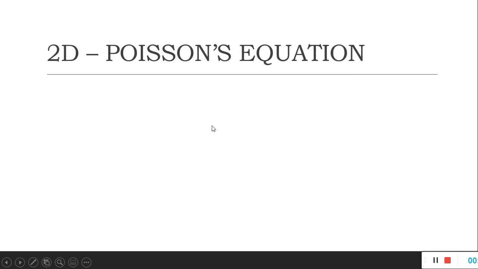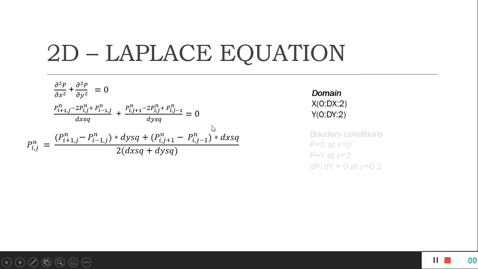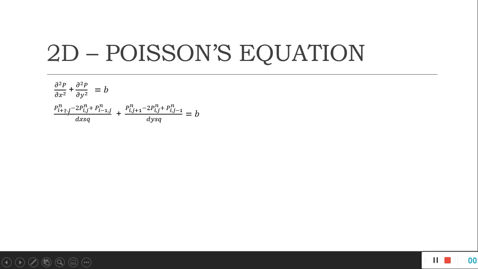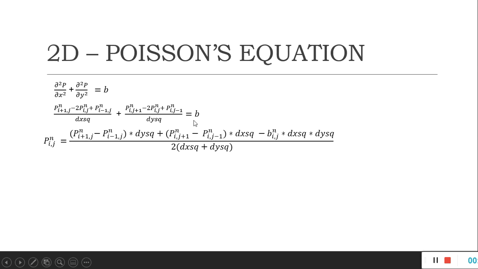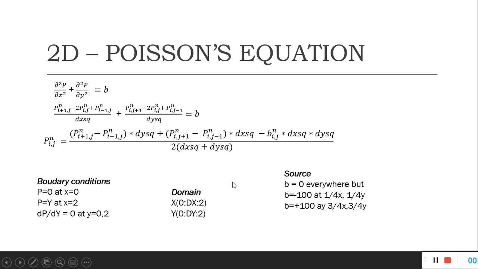If this is confusing, let's look at the Poisson equation one more time. Here the B can be any source term, and we used a value of minus 100 and plus 100, and that source term is multiplied with dx square dy square and subtracted from the left hand side parts.